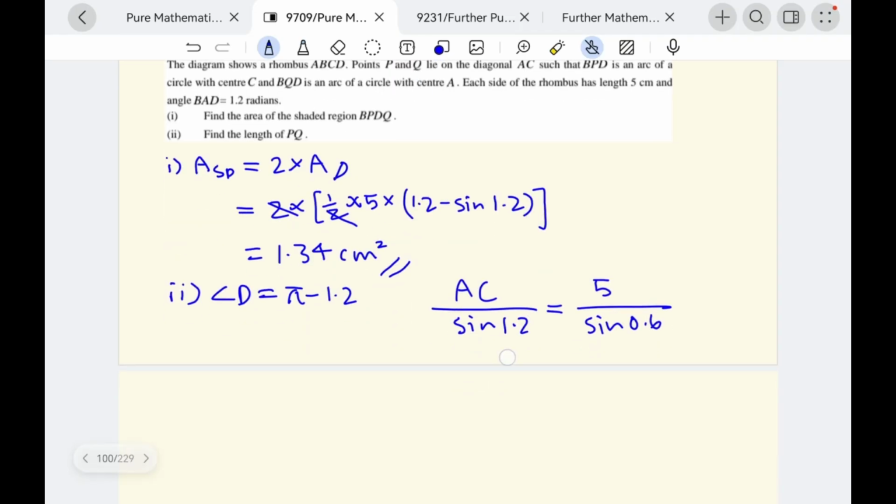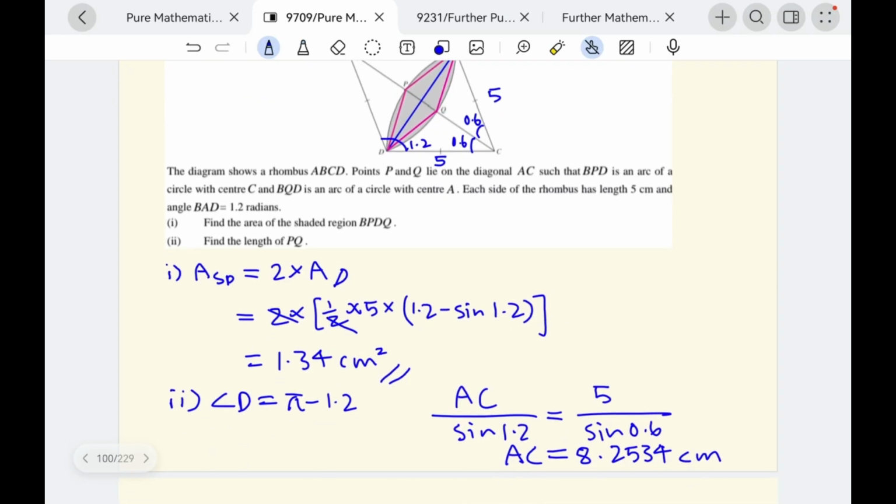And now you will get AC. If you are not able to leave it in terms of sine, you can leave it in decimal values, just that you need to keep 5 significant figures to maintain accuracy. So by right I should get 8.2534, in cm.